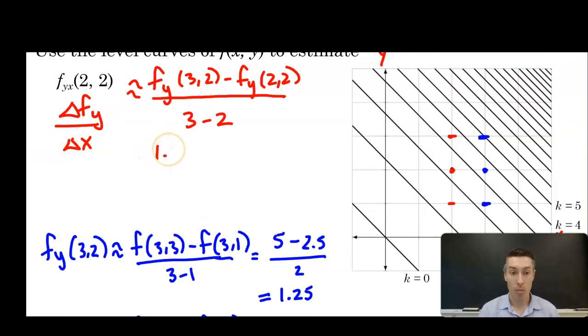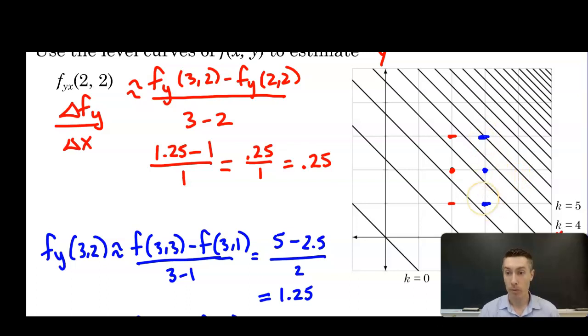So we're going to have 1.25 minus 1 over 3 minus 2, which is 1, which is 0.25 over 1, which is 0.25. All right, so what does that tell us? That means that if we draw tangent lines parallel to the y-axis, but as we move parallel to the x-axis, the slopes are increasing.